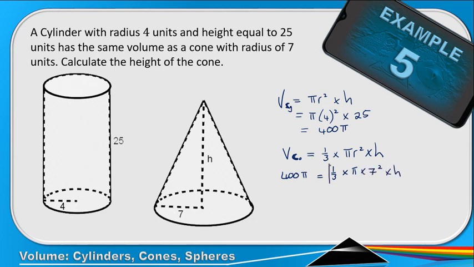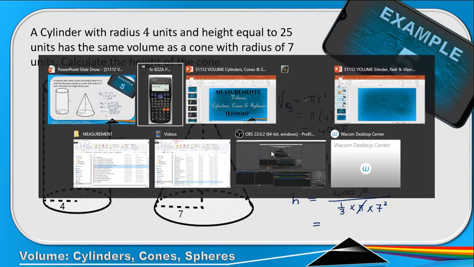Now in this case I'm just going to take all of this because it's multiplied with height and divide both sides. So this gives me height is equal to 400 pi all over a third times pi times 7 squared. Okay. Once again I'm just going to cancel the 2 pi's and then I'm going to type in everything that's left into the calculator.